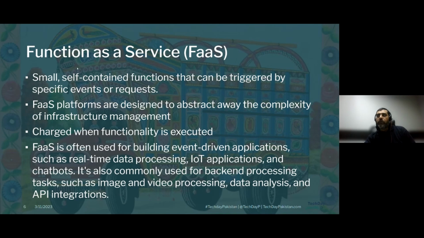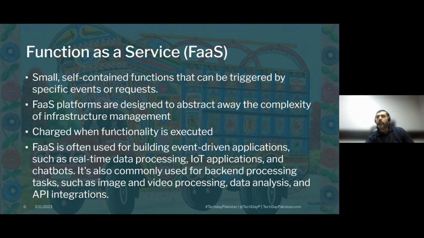Where we use function as a service normally, when we are talking about event-driven applications. So, for example, some real-time data processing, IoT applications, and chatbots. Those are purely event-driven, right? And you can also use these services for backend processing, or something happening at the backend, based on a scheduler or timer.